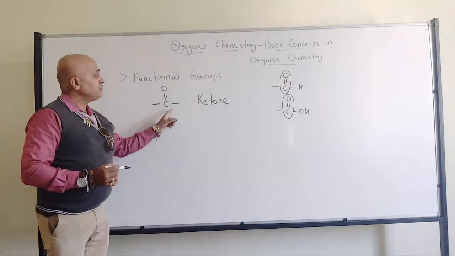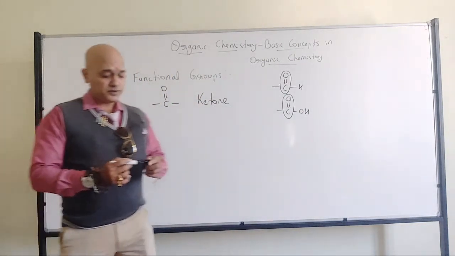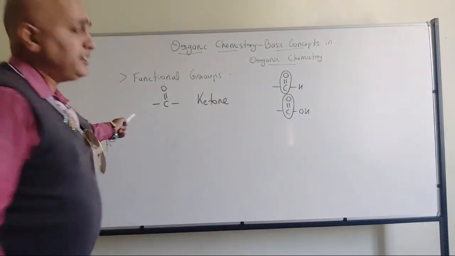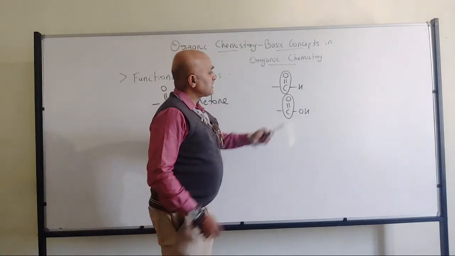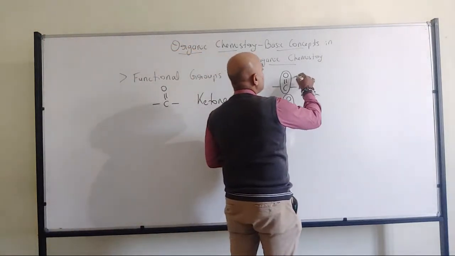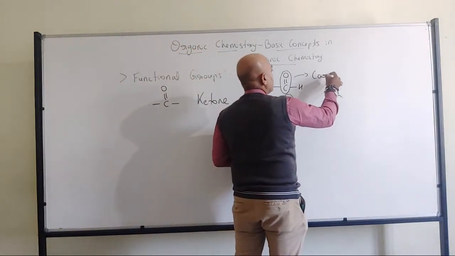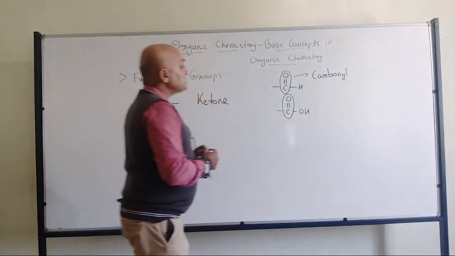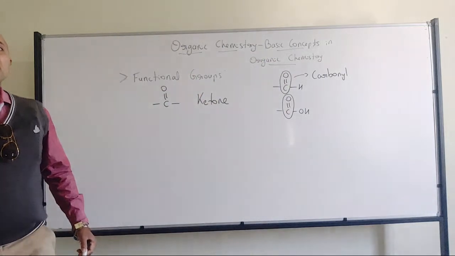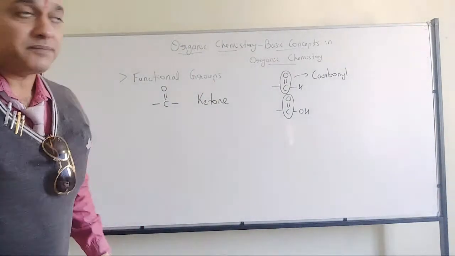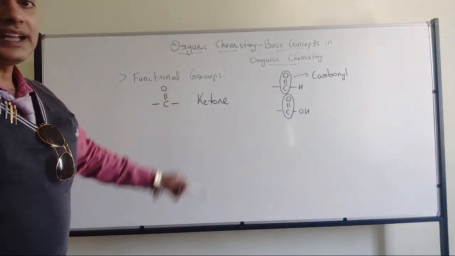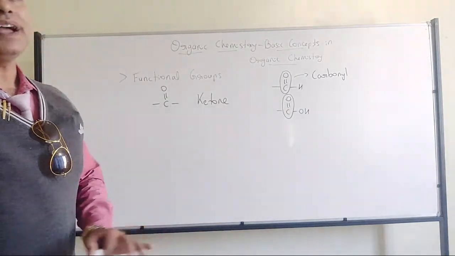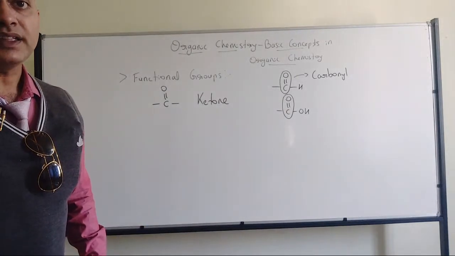But here we are calling it ketone, while in the other cases we call it the carbonyl group. What is the reason for such a discrepancy? Why ketone at one time and carbonyl group at another time?